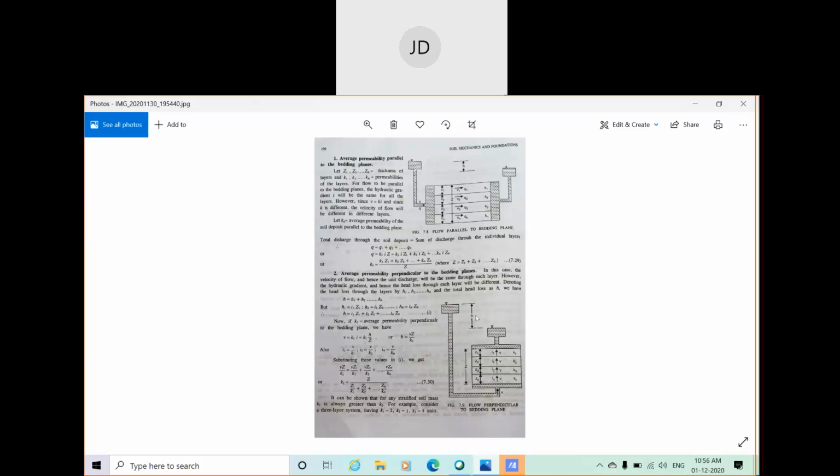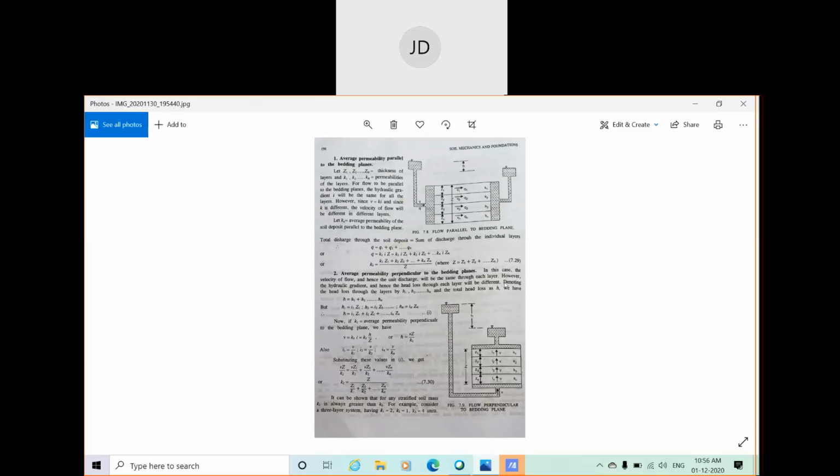H is your total head difference because of which the water flows through this soil. But h is the summation of the individual head differences for the flow of water through soil 1, soil 2, soil 3 like that.